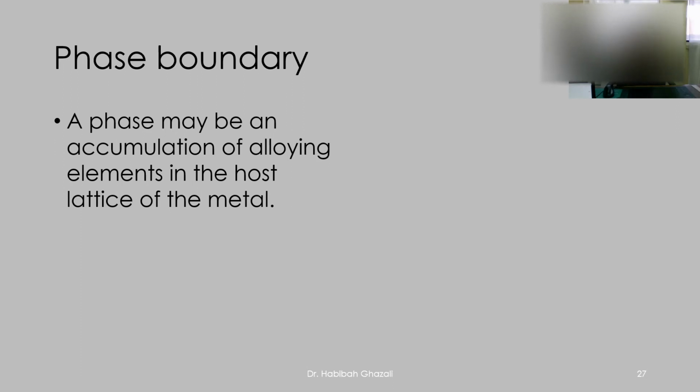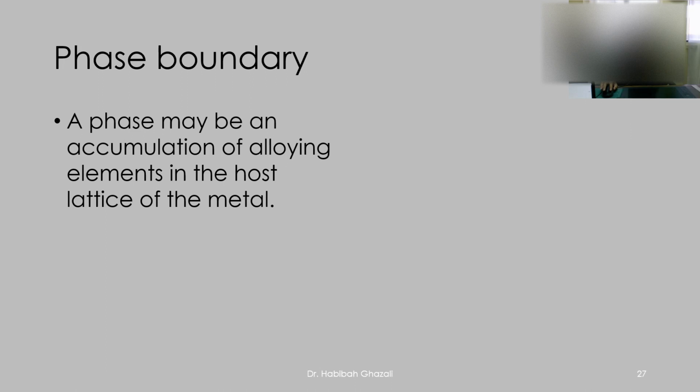So it will bind with itself to create graphite, and this will exist in the volume of that steel. That will create a different phase compared to the iron itself. So the region where they meet, the graphite and the iron, is a planar defect. This is a phase boundary, between the two phases, the iron phase and the graphite phase.